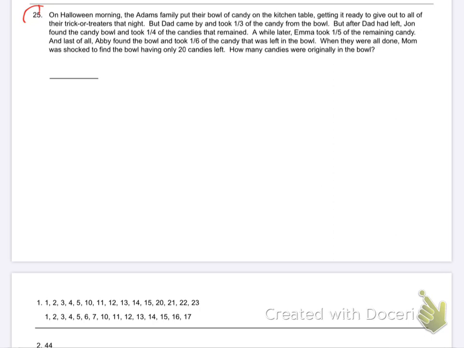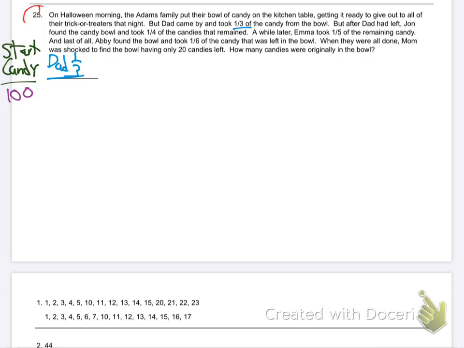So I'm going to guess how much candy was in there at the start. I have no idea, so I'm going to guess 100. And then I'm going to go through the different people and what they did. First off, Dad took 1/3. So what's 1/3 of 100?